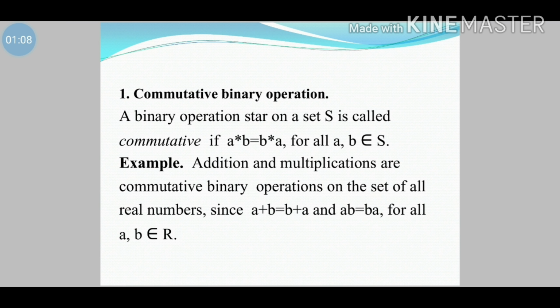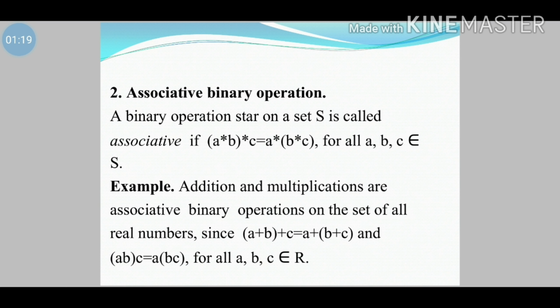The next type of operation is the associative binary operation. A binary operation star on a set S is called associative if (a star b) star c is equal to a star (b star c) for every a, b, c belonging to S. For example, if we consider the set of all real numbers, we already saw that addition is a commutative binary operation.